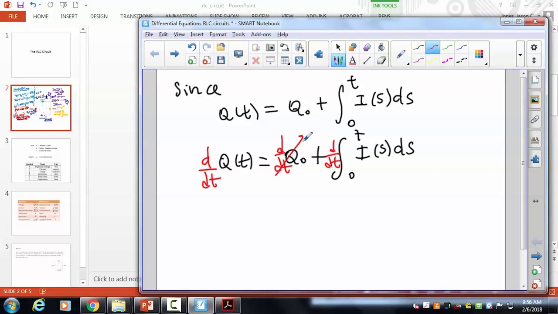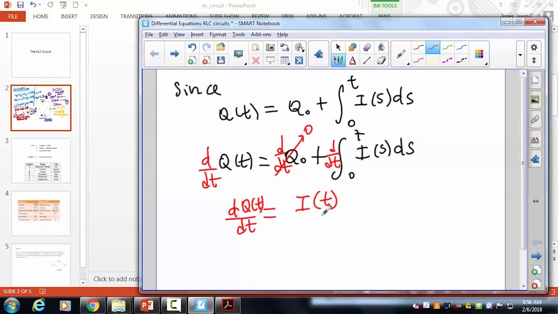So this Q of 0 is a constant, so its derivative is going to be equal to 0, and then on the right hand side, using the fundamental theorem of calculus, this would become I of t. So we have that the derivative of Q of t with respect to t is equal to I of t.